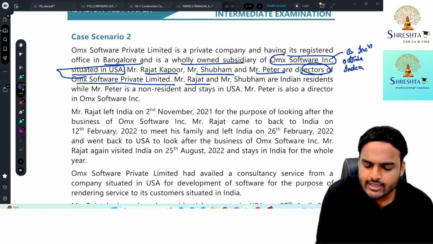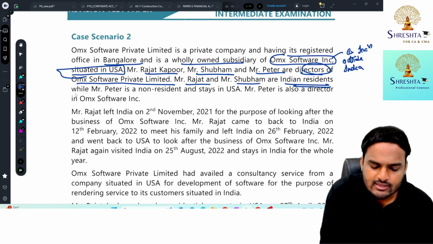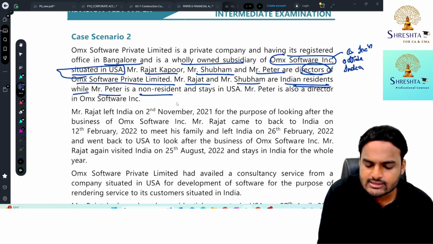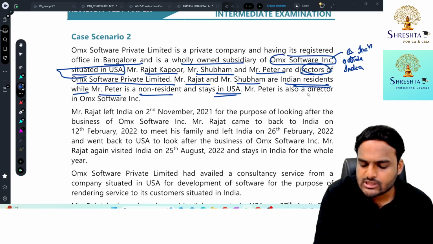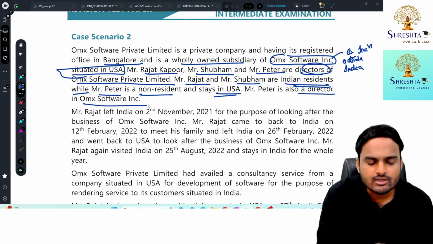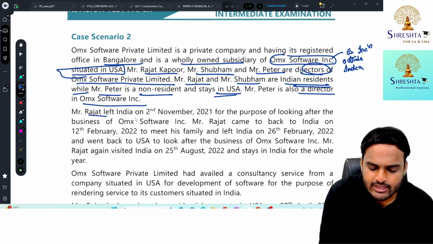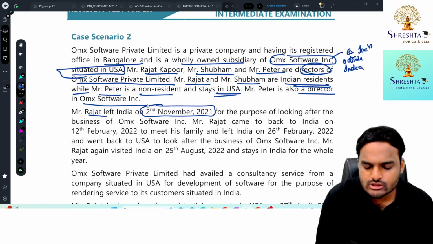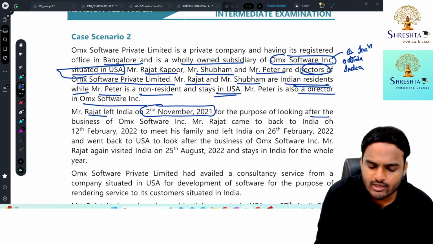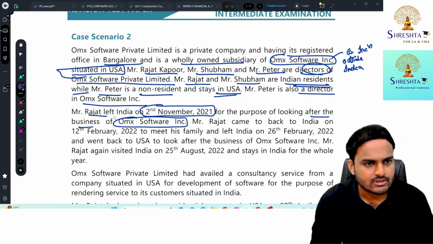Mr. Rajat and Shubham are Indian residents while Mr. Peter is a non-resident and stays in USA. Mr. Peter is also a director in a company incorporated outside India. Rajat left India on 2nd November 2021 for the purpose of looking after the business of a company incorporated outside India.